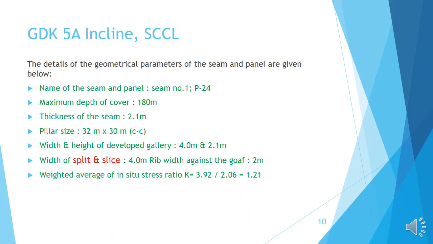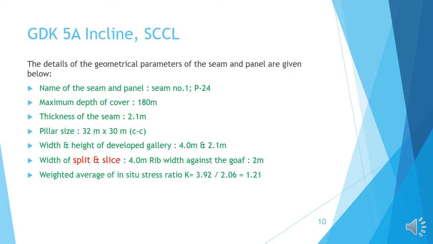Now I have a case study of GDK 5A incline in SCCL, and the support design parameters are as given. The maximum depth of cover is 180 meter, thickness of the seam is 2.1 meter, pillar size is 32 into 30 meters center to center distance, and width and height of the gallery is 4 meter and 2.1 meter respectively.